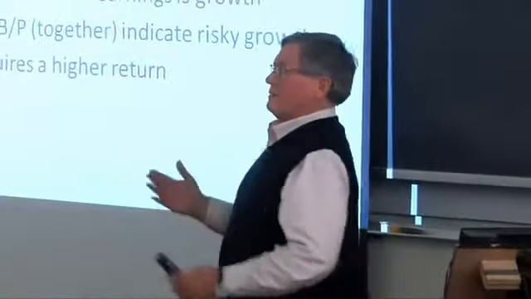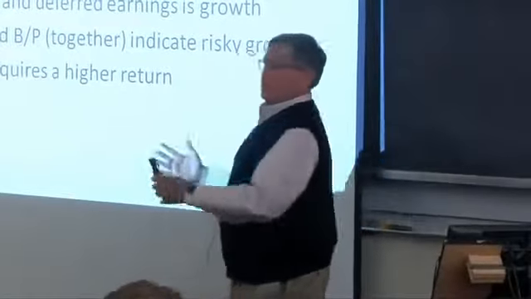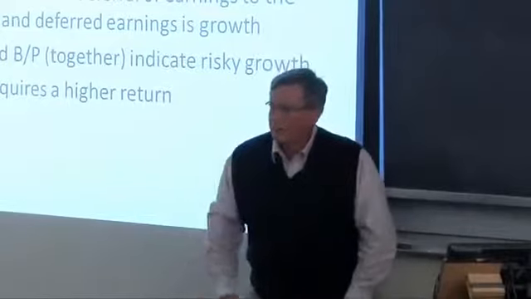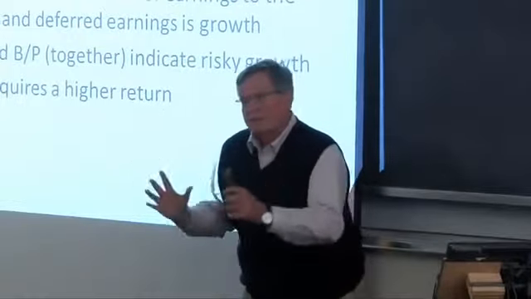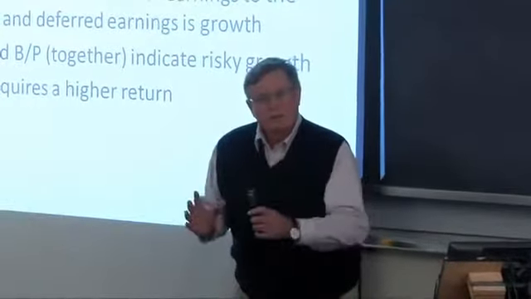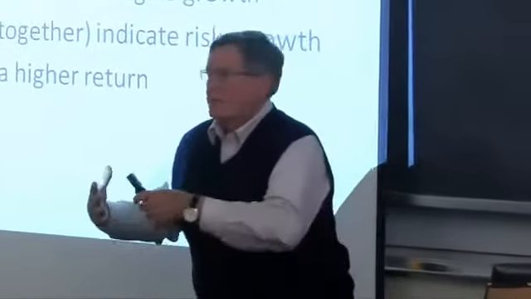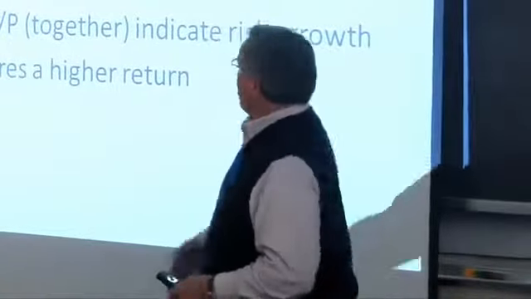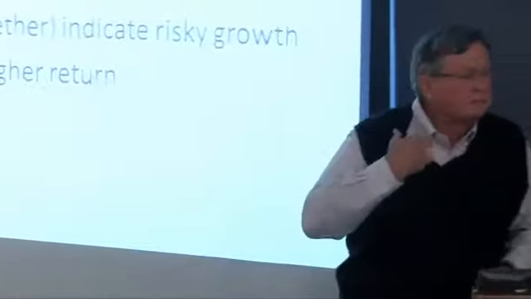It's a little bit of a tricky explanation here, unless you really got the aesthetics of accounting. You put earnings to price and book to price together, and you'll actually get a combination where firms are reducing earnings now, deferring to the future. You're picking up growth, and you're picking up growth which is at risk.